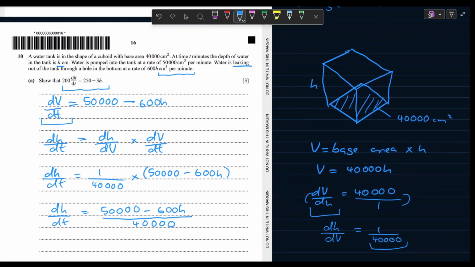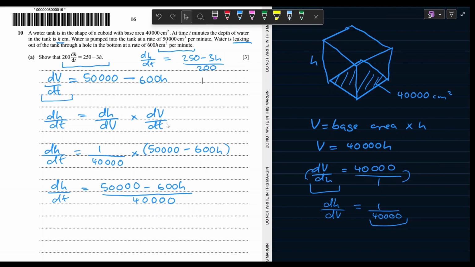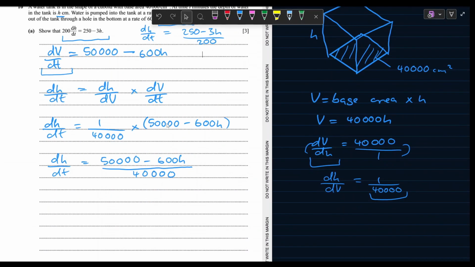All right, and let's compare to what they have. So from what I can see, if we make dh/dt the subject of the formula, this would be 250 minus 3h, over 200. So what it means is that we should factor out a 200 in both the numerator and the denominator and cancel it out. So dh/dt is equal to, we can factor out 200.